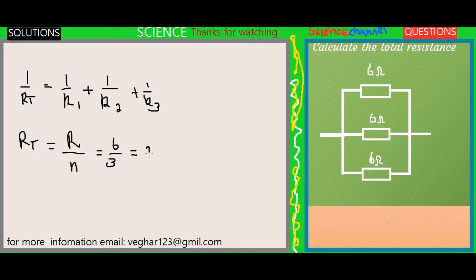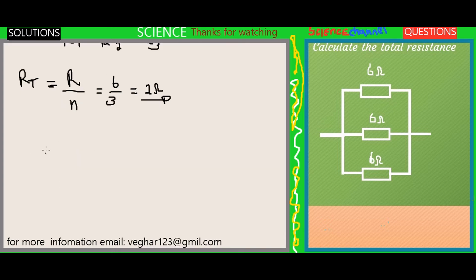What is the answer? It's 2 ohms. So if you know this formula, it's easy to catch up with the exam time and easy to solve a lot of questions. So the other one, for 3 resistors, let me try to make it.